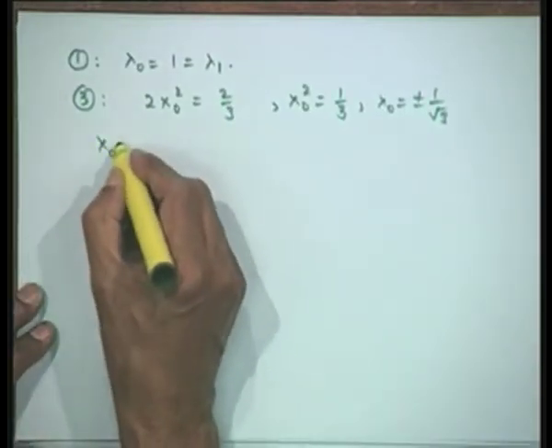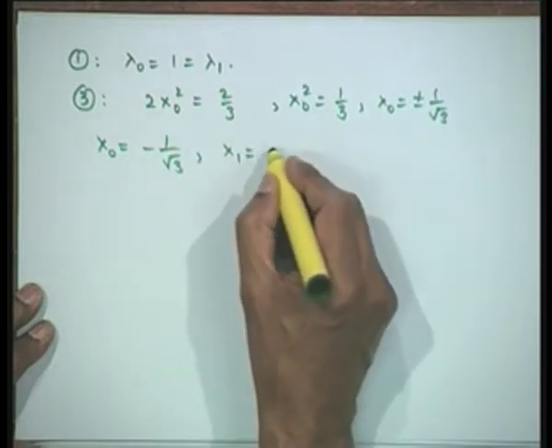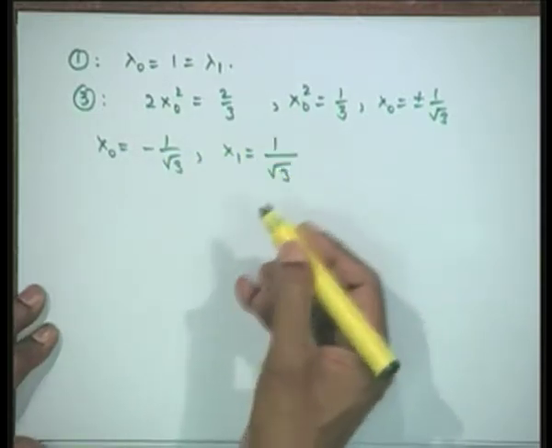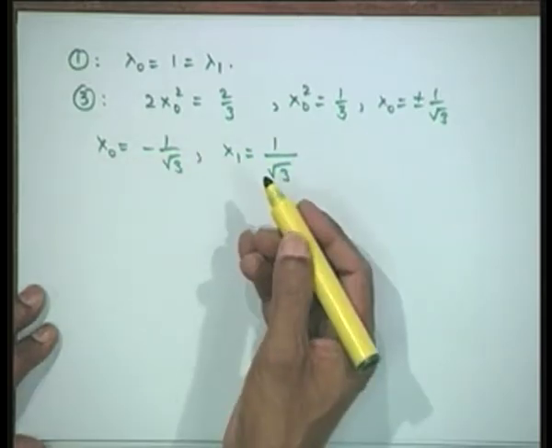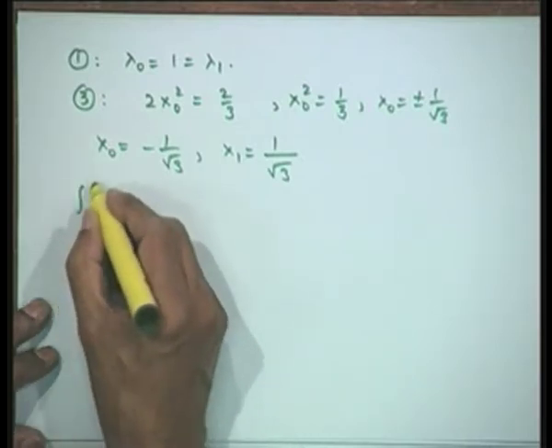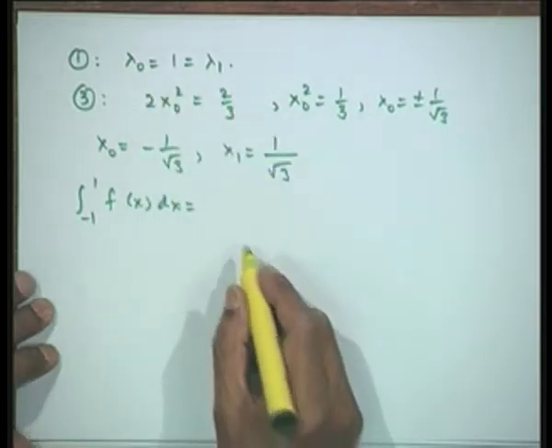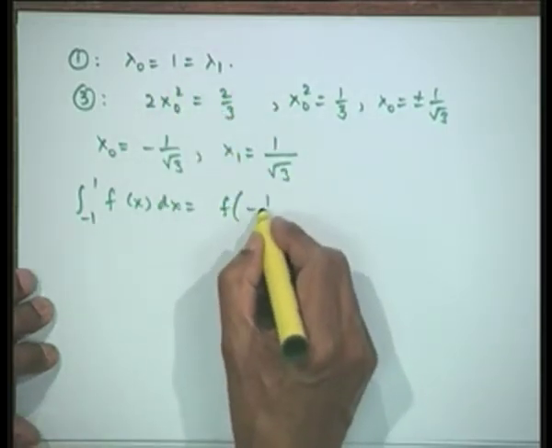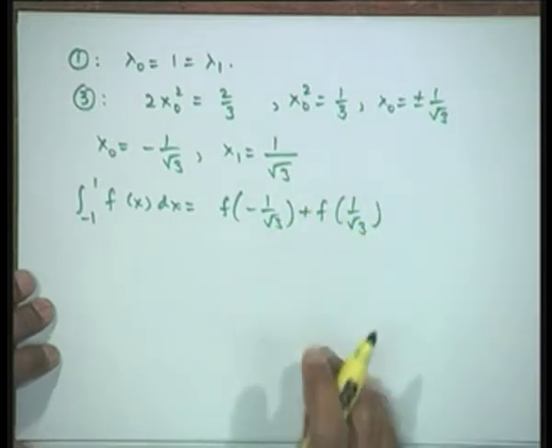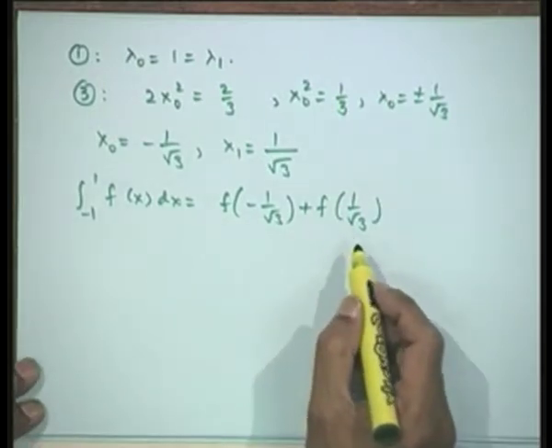So, I choose x0 as one of them, either plus 1 by root 3 or minus 1 by root 3. If I take x0 as minus 1 by root 3, I would get x1 as 1 by root 3, or conversely I will get the reverse one, but the formula will be same because lambda naught is equal to lambda 1. Therefore, we have derived the formula: integral from minus 1 to 1 of f(x) dx, lambda naught is equal to lambda 1, that is equal to 1. So, simply f of minus 1 by root 3 plus f of 1 by root 3, which is nothing but our Gauss-Legendre 2-point rule, which we have already proved.